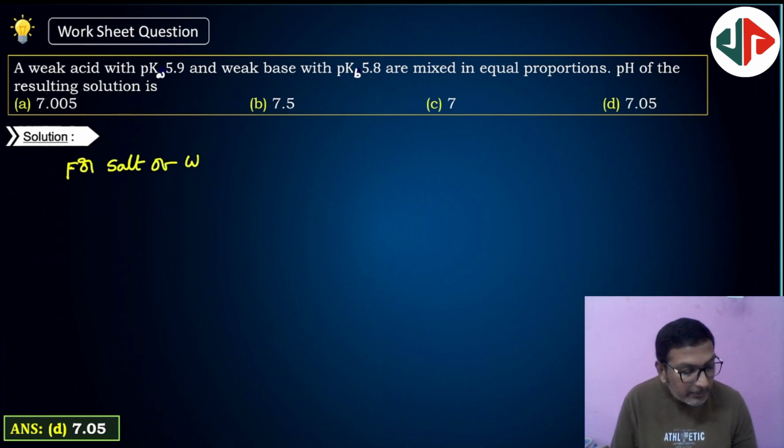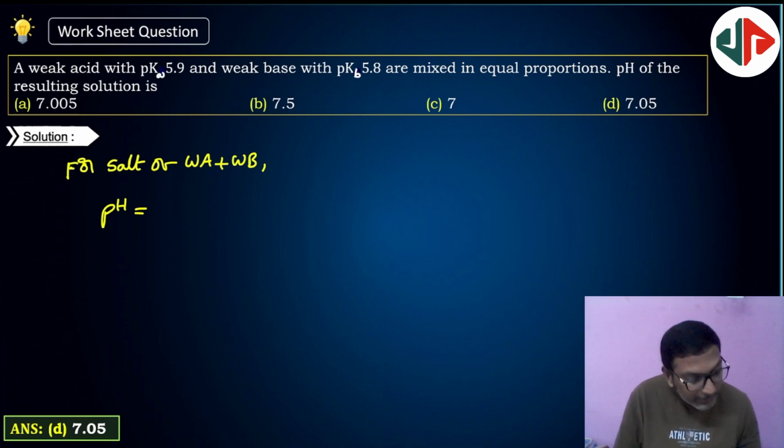For salt of weak acid plus weak base, pH equals 7 plus half into (pKa minus pKb).